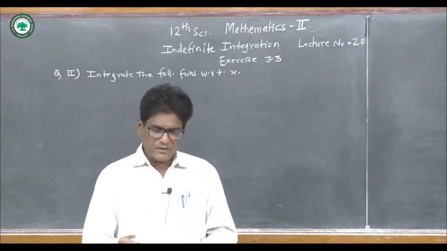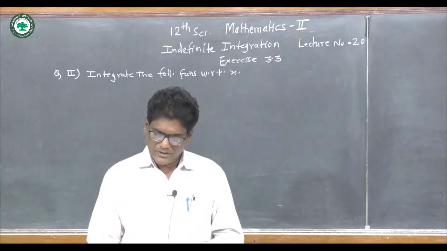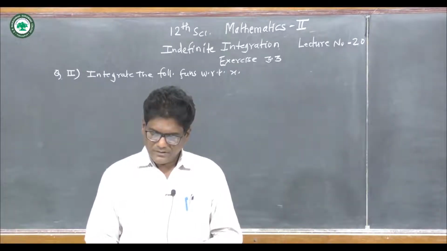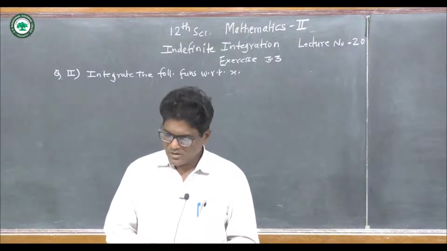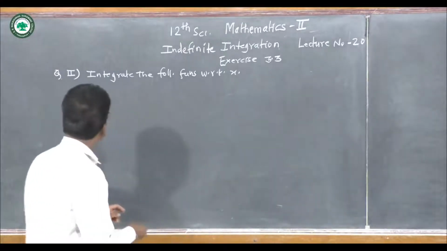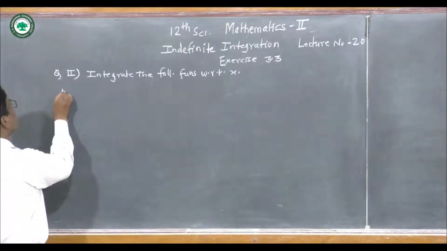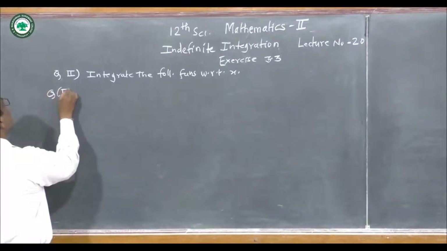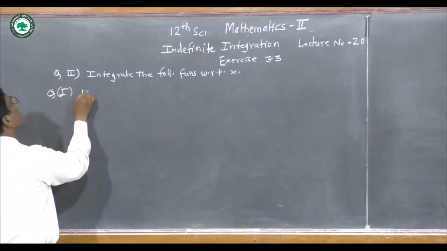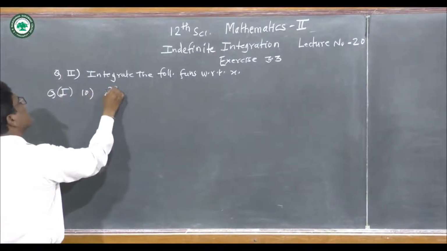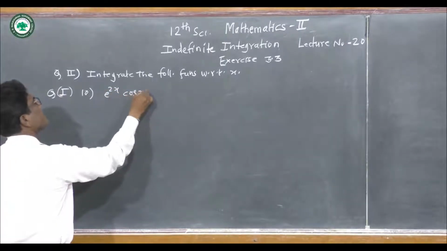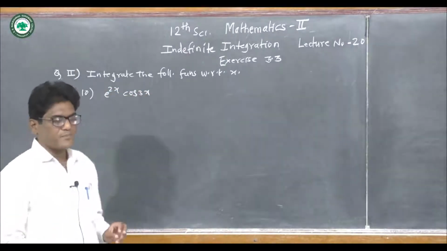In question number first, the 10th problem is e to the power 2x cos 3x. This is the problem.